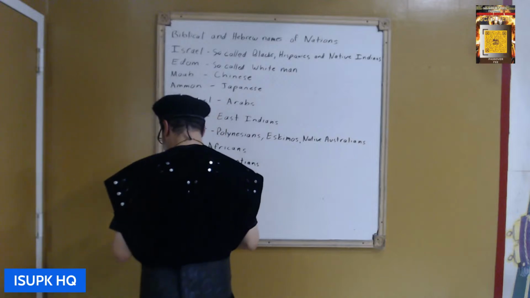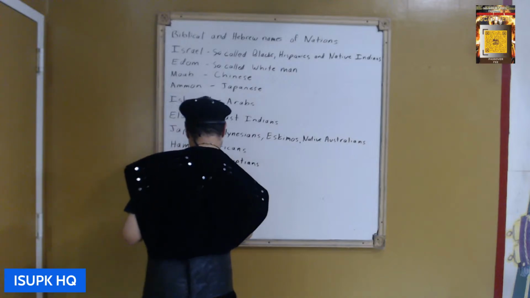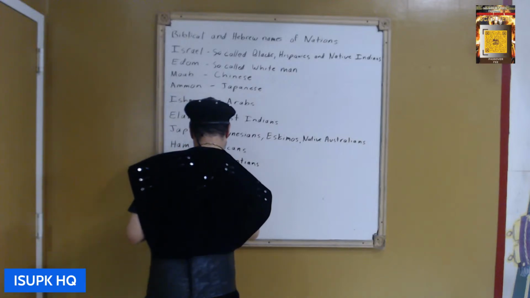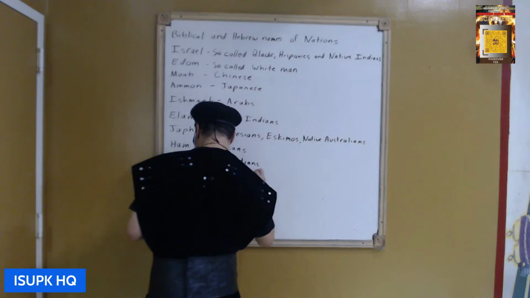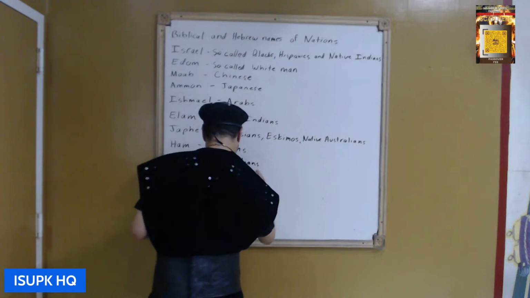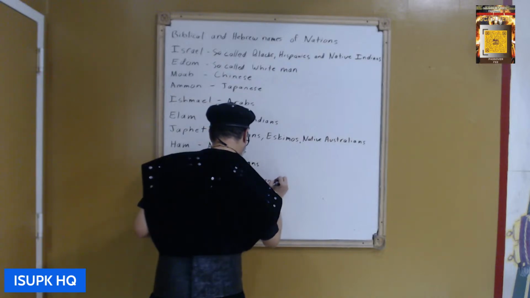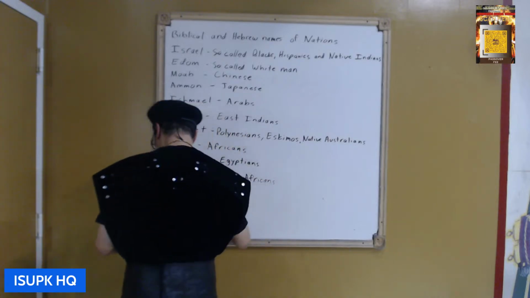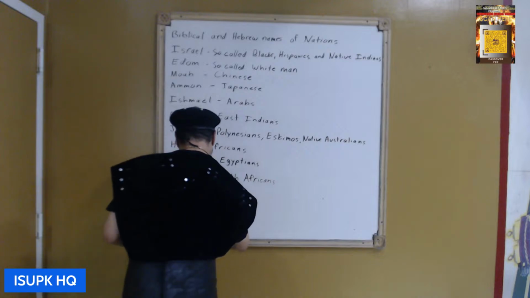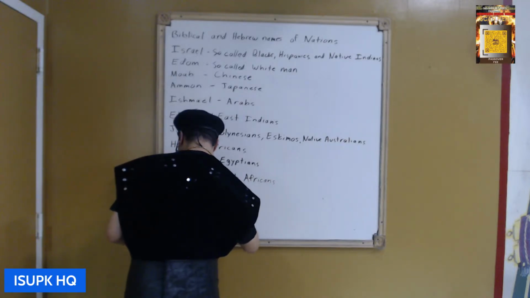We have Canaan, which are the South Africans. We have Cush, which are the Ethiopians.